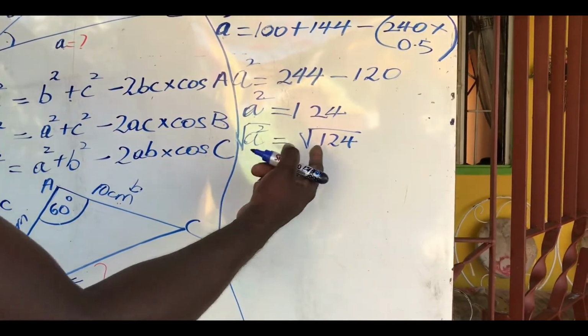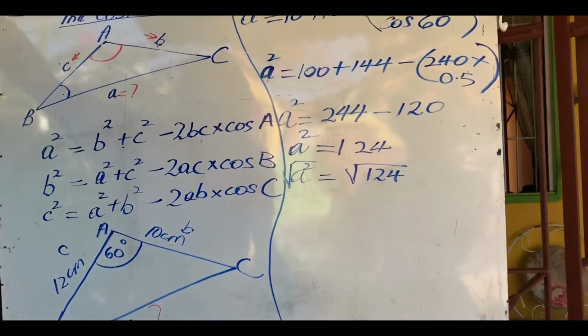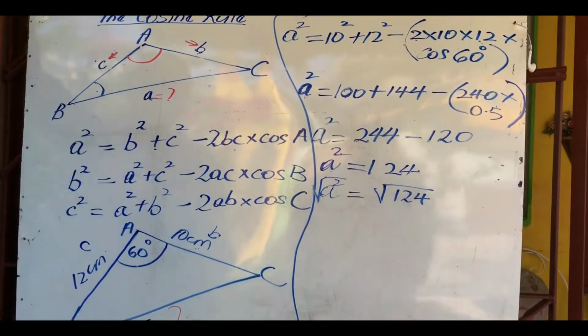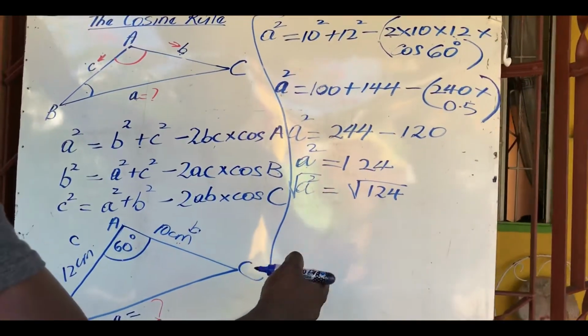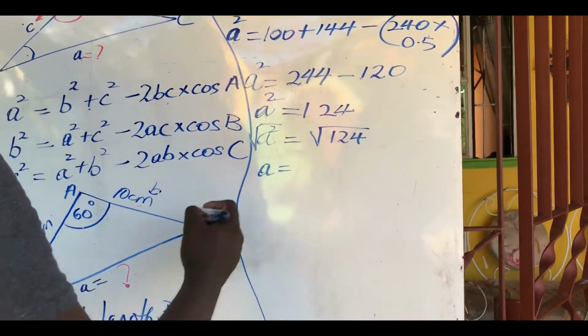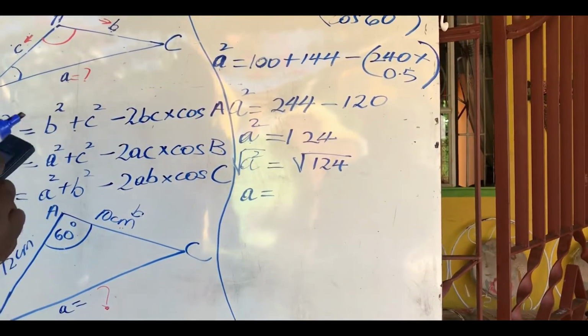It is of note that the square root of 124 can be either the positive root or the negative root, but because we are finding length, length cannot be negative. So we stick to the principal square root, which is positive. So a here equals, now you take your calculator and find the square root of 124.